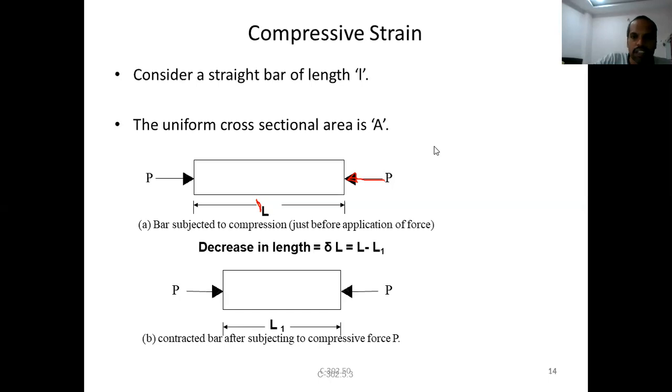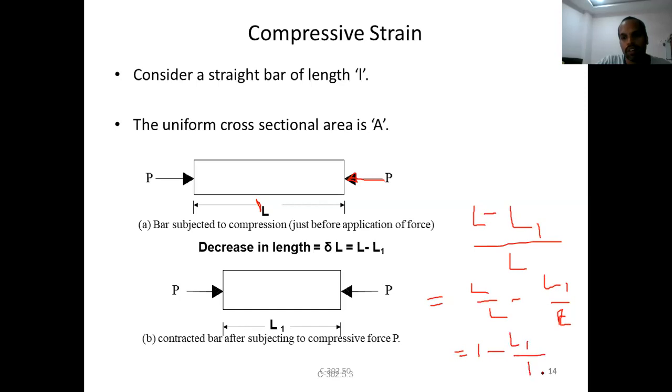Delta L, which is L minus L1, divided by L. If you expand, it is L by L minus L1 by L, or you can say 1 minus L1 by L. Strain is nothing but 1 minus L1 by L. This is a relative measure, comparatively how much the change is in the ratio of final length to initial length.